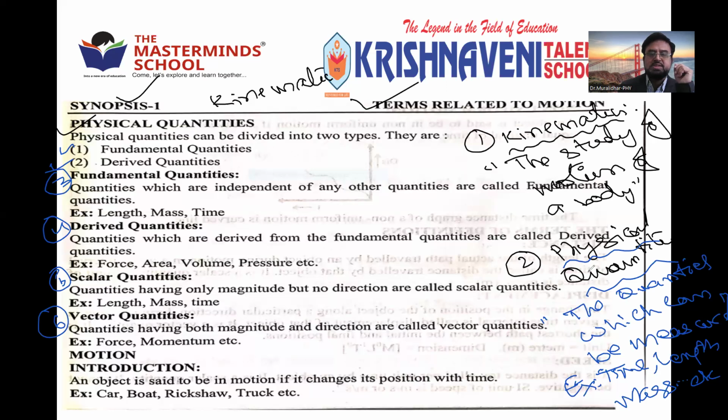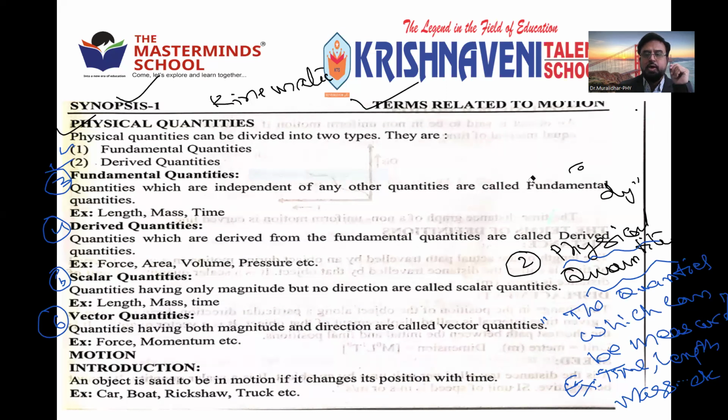Next, these physical quantities are classified into fundamental physical quantities and derived physical quantities. Let me rub this out. I am rubbing the 2 points. Hope you might have written them already.